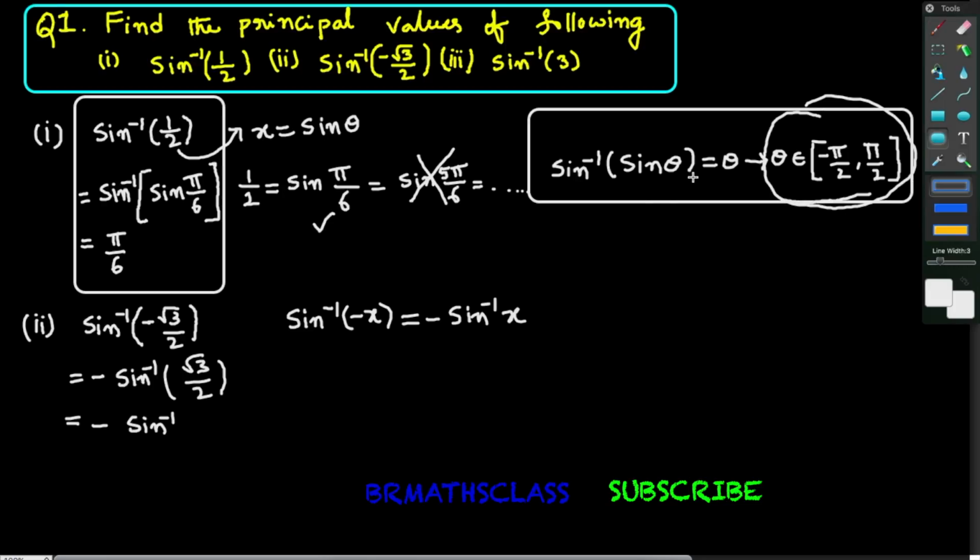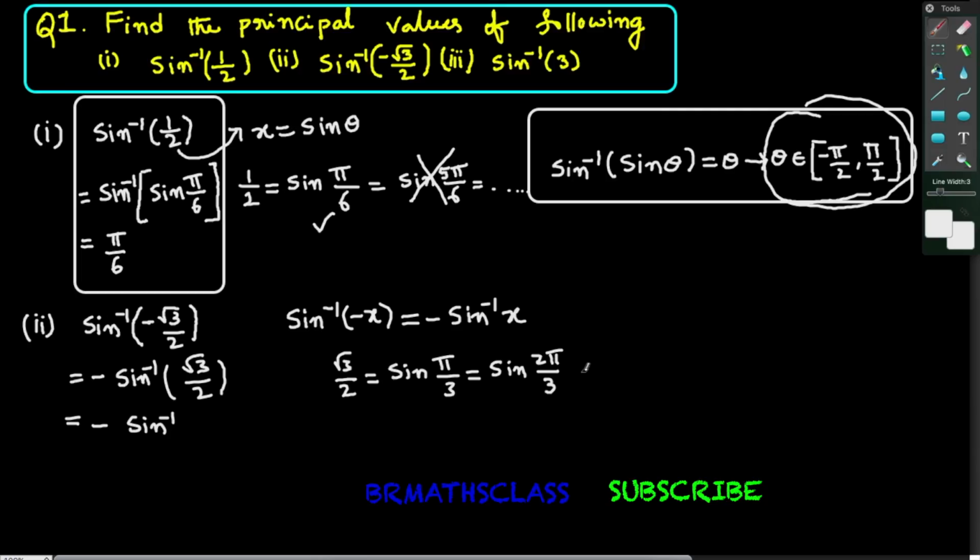I want to do this problem by using the formula sine inverse of sine theta equals theta when theta belongs to the closed interval minus pi by 2 comma pi by 2. From the trigonometric table you can write root 3 by 2 as sine 60 degrees. 60 degrees means pi by 3. Or from the trigonometry chapter we learned that root 3 by 2 can also be written as sine 2 pi by 3. Which one do we need to choose?